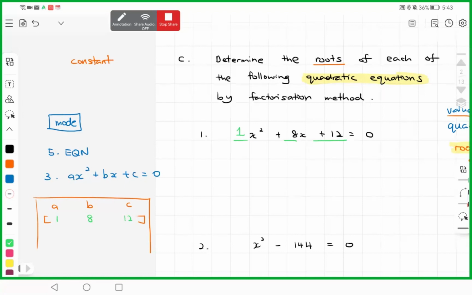So what do you see? Is it only -2? You press equal again. -6.